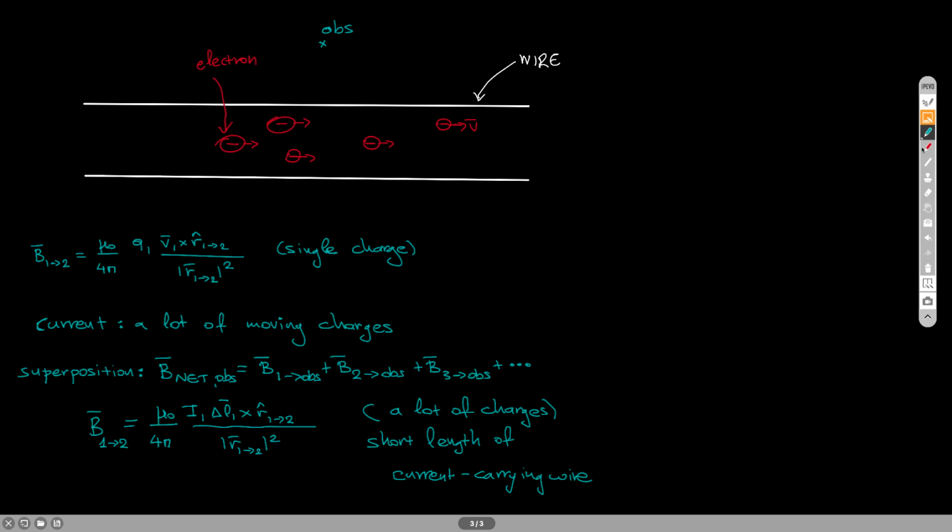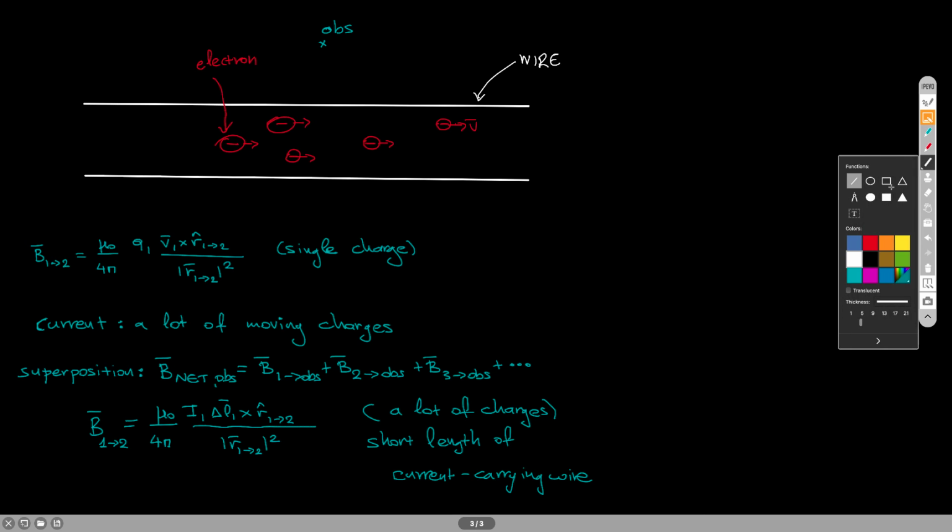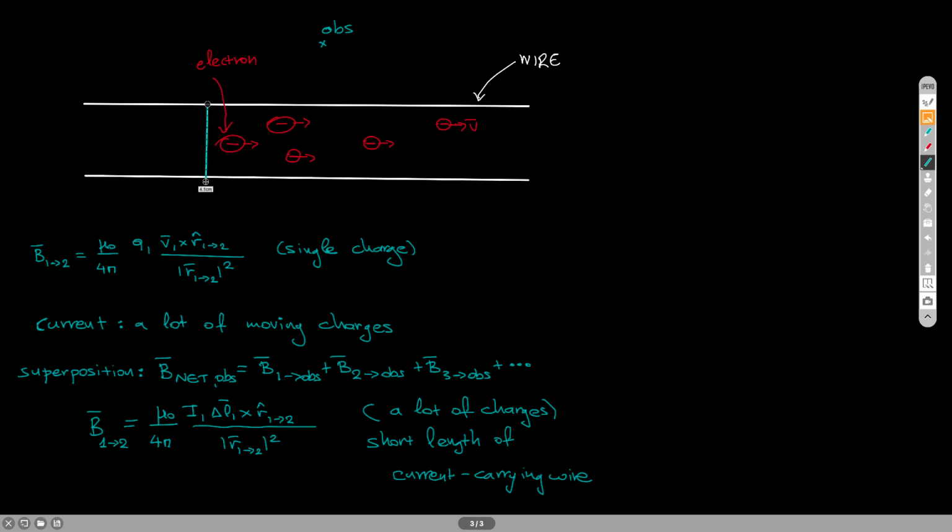And let me show you what I mean by a short length of wire. So this would be a short length of wire, and this would be the conventional current, which of course would point in the opposite direction than the direction of the electrons. But this would be I1. It's pointing this way.